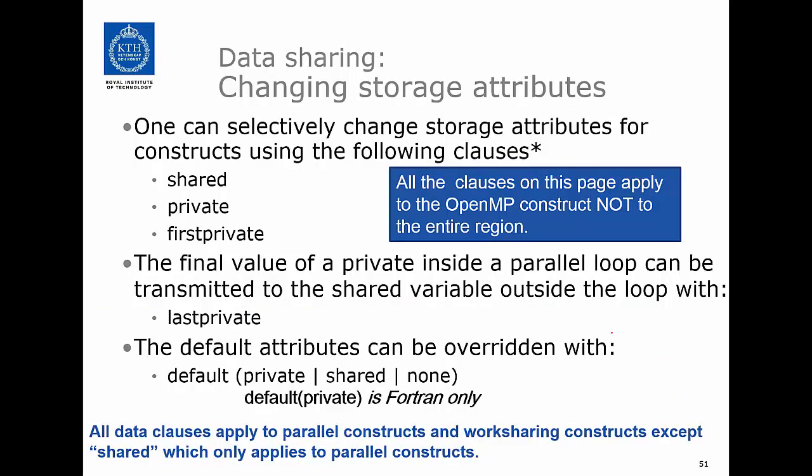You can change how things are accessed and stored by using different storage attributes, and the most common ones are shared, private, and firstprivate. Shared specifies that a variable is supposed to be shared.